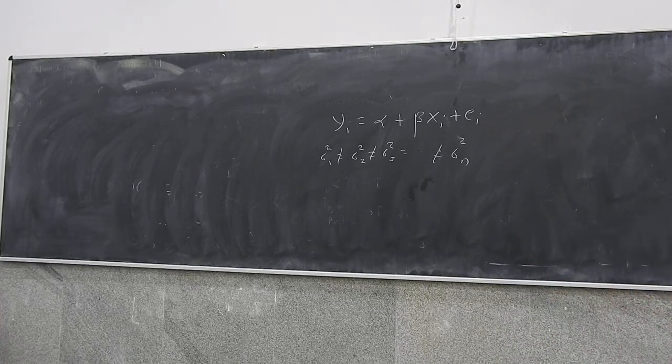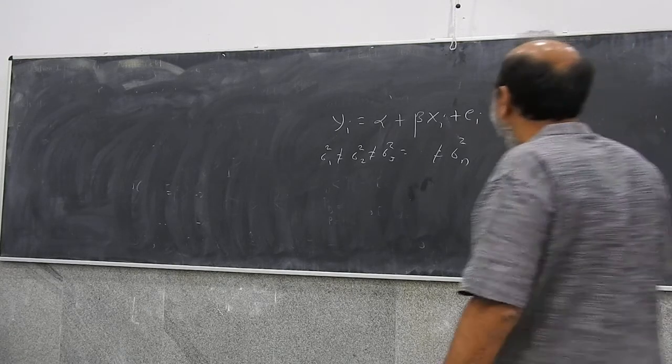Sigma 1 square is not the same as sigma 2 square and so on, which is different from the OLS model. In the OLS model, we restrict all the error terms to have the same variance, whereas here we are going to allow each of the error terms to have a different variance.